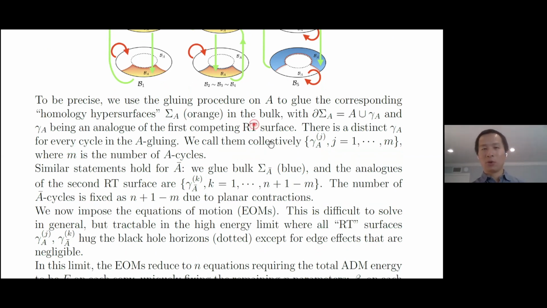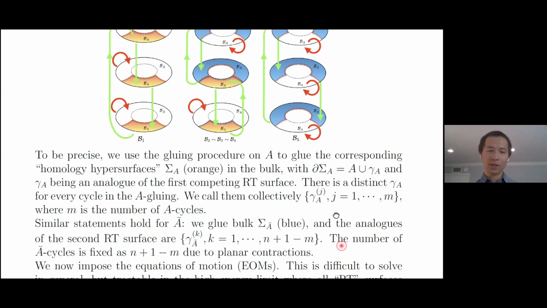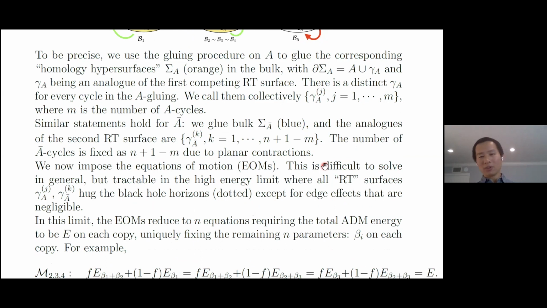We glue the blue hypersurfaces, and the analog of the second RT surface can be thought of as gamma A bar, but there are a number of them. The number is actually fixed in this case to be n+1 minus m due to the planar contraction. The idea is then we're going to impose the equation of motion.